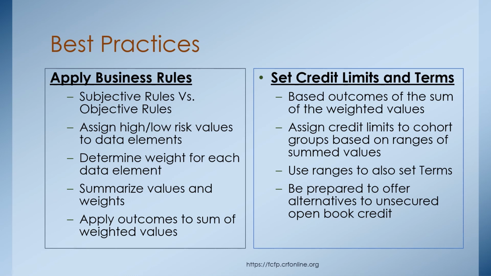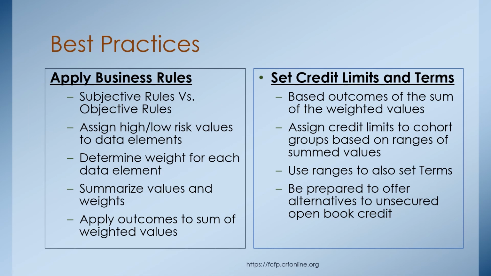You should then also have different ranges where the credit limits for certain cohort groups could be different for the different summed up values. And then also use those ranges to set the terms based on how risky that total sum of the weighted values looks to you in terms of how that customer is likely to be able to pay you back.